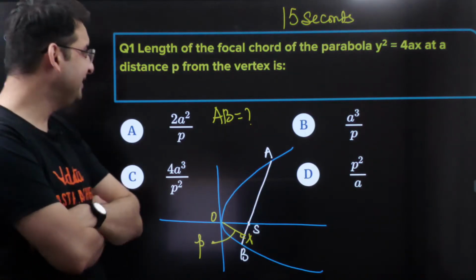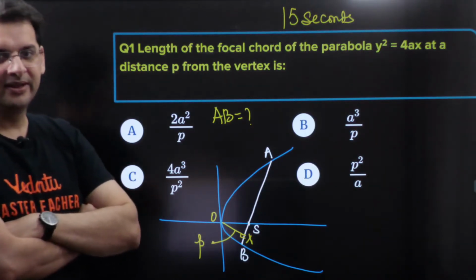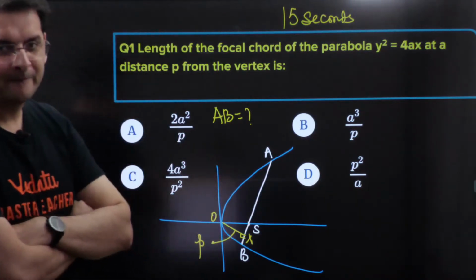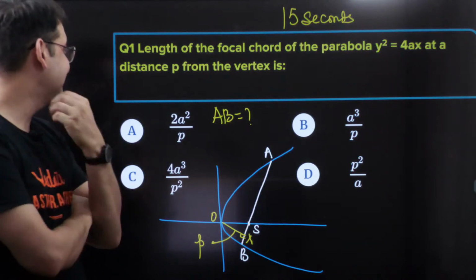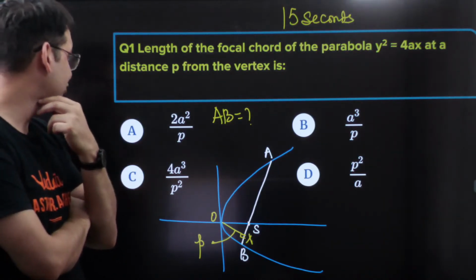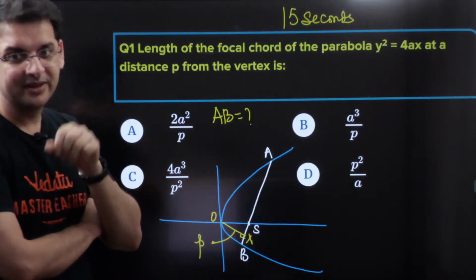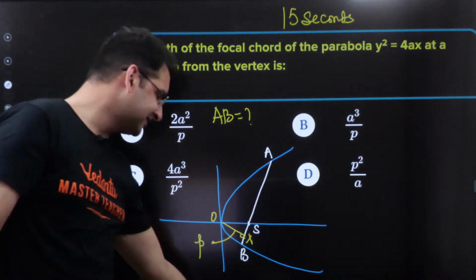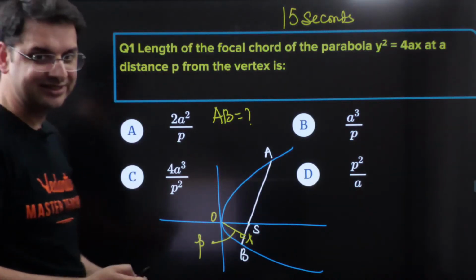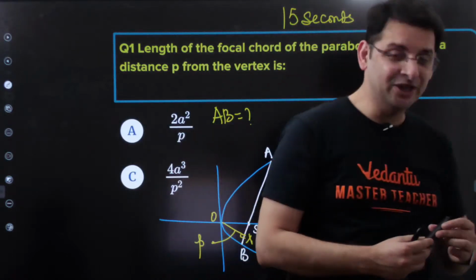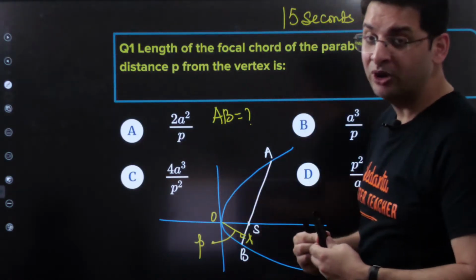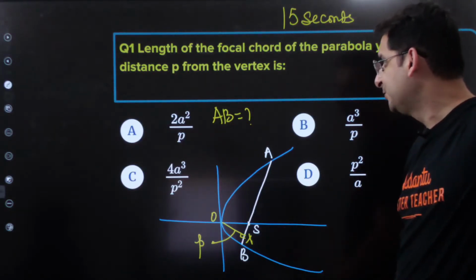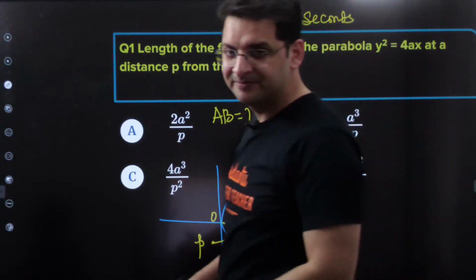Is the option A, B, C or D? 2A square by P, A cube by P, P, A cube by P square by A. Whatever I've taught you today, you should be able to do this in 15 seconds. Right, so this is the main idea of remembering those points which I've told you at the start today.